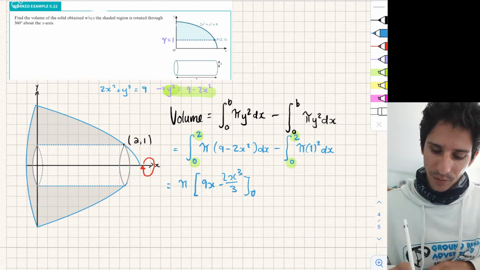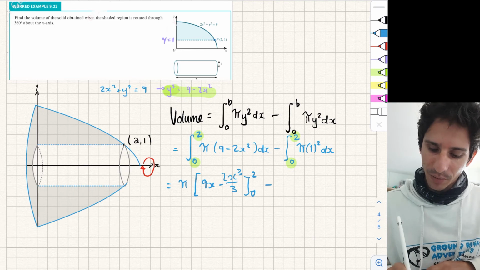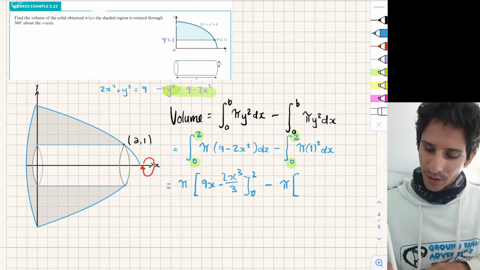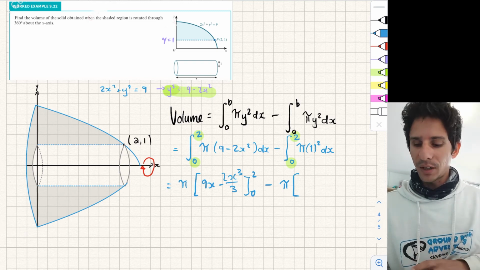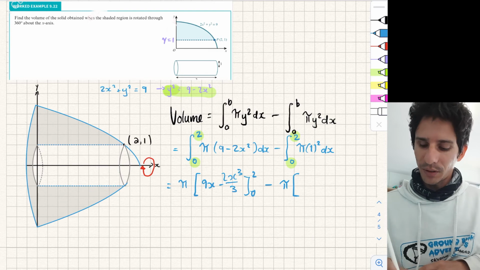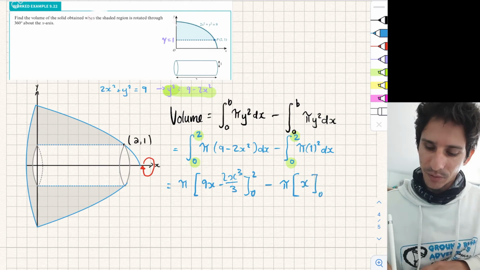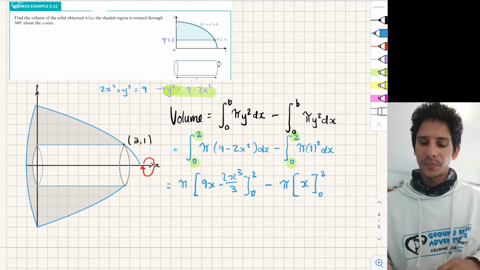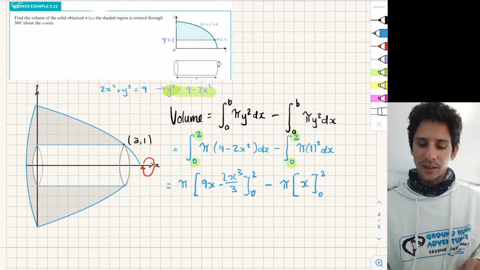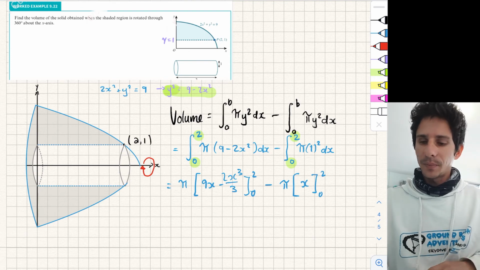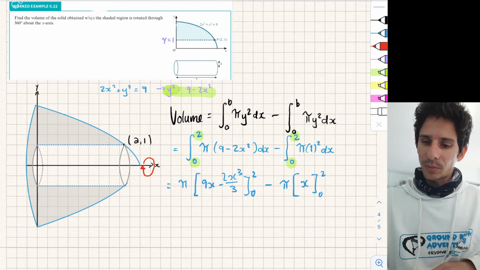and I want this from 0 to 2, and I'm going to be taking away, again pulling pi out the front, the anti-derivative of 1 squared, which is just x, and this is from 0 to 2. So let's now put our values into our primitive function.